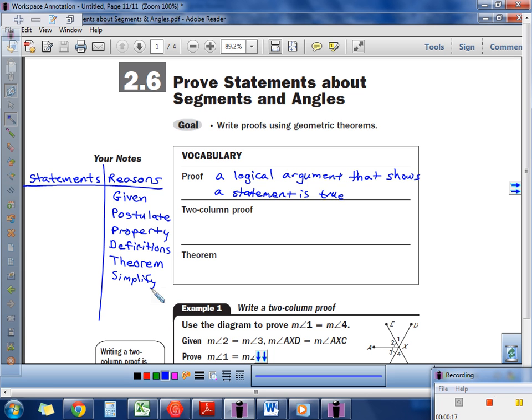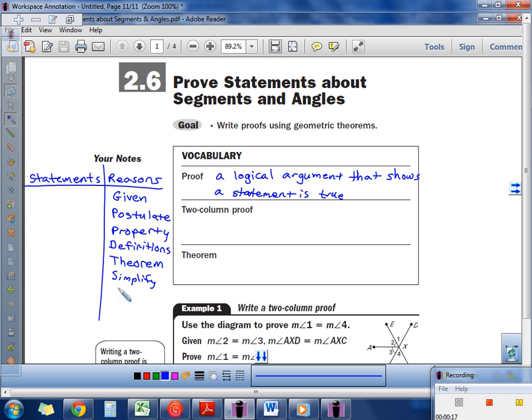So it's the oddball. Given and simplify are kind of like the oddballs. You're always going to have a given, no matter what. You'll occasionally have simplify. It's not real common. So that's an example of what a two-column proof looks like. You have your statements, you have your reasons. These would be some examples of what reasons look like.